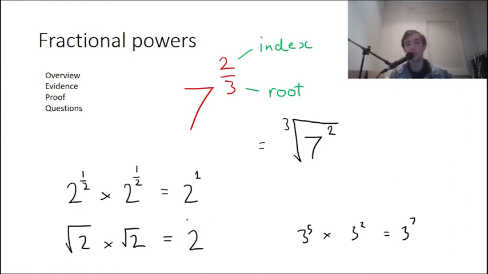So you can see for both of these, I'm getting the same result. 2 to the power of 1 is just 2. What that means is these two have to be the same. If I put them in the same place in my equation and the same answer pops out, they have to be the same.